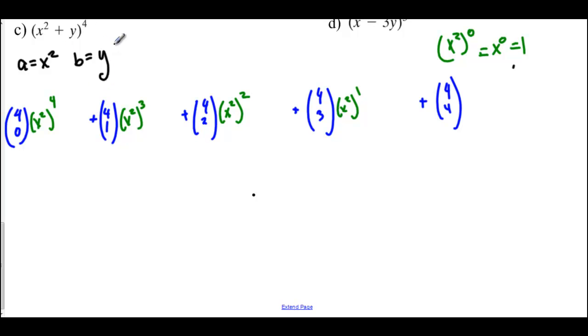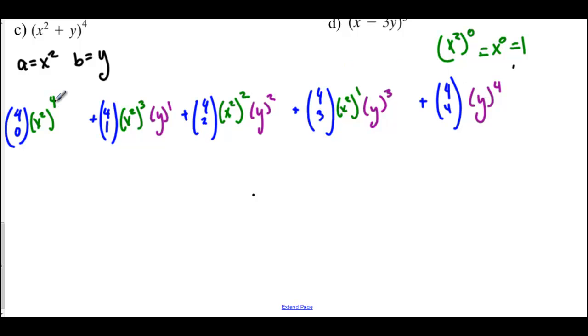All right, then for our second one, that B. So we're going to have technically y to the 0. We're not going to write it. Then we're going to have y to the 1st power, y to the 2nd power, y to the 3rd power, and y to the 4th power.